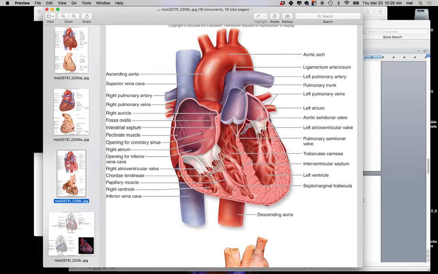So now this valve is open and the blood is in here. After I've squished the last 20% in, the walls are going to start to contract. As the walls start to contract, I'm going to push on the back side of these saloon doors. But I don't push them open the other way because of our friends here, the papillary muscles, and papillary muscles hold on.